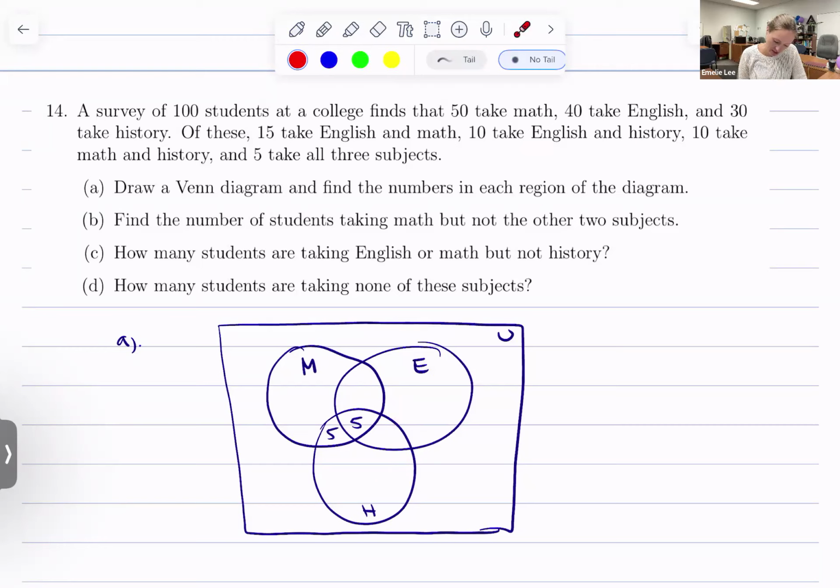English and history is here, and so this total region must be 10, but I already have 5 written out, so I have 5 again. 15 take English and math. I've already got 5 of those accounted for, which means that I have 10 here.